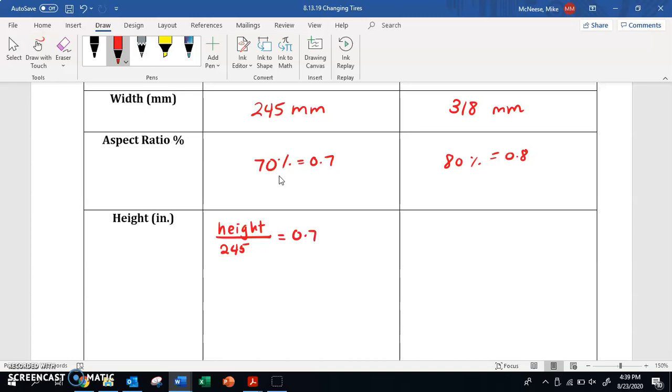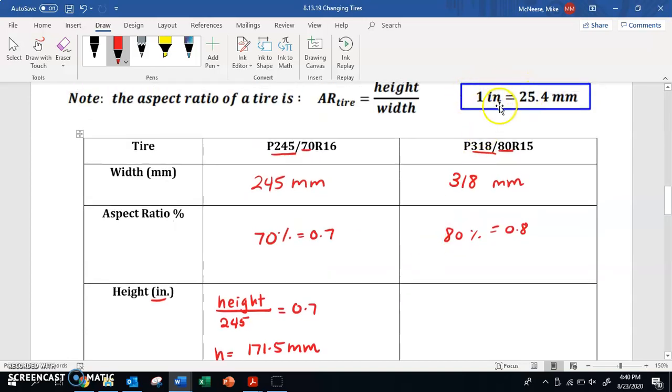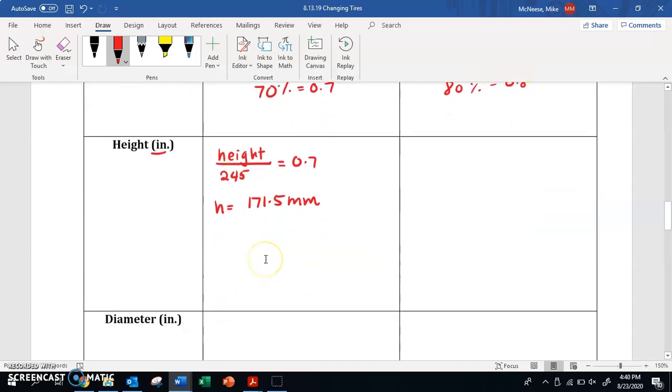If I multiply each side by 245, I should get a height of 171.5 millimeters. Now it's asking us to find it in inches, so we're going to have to use that unit conversion. We just divide 171.5 by 25.4, and we should get 6.75 inches. So the height of the tire is 6.75 inches on this one.